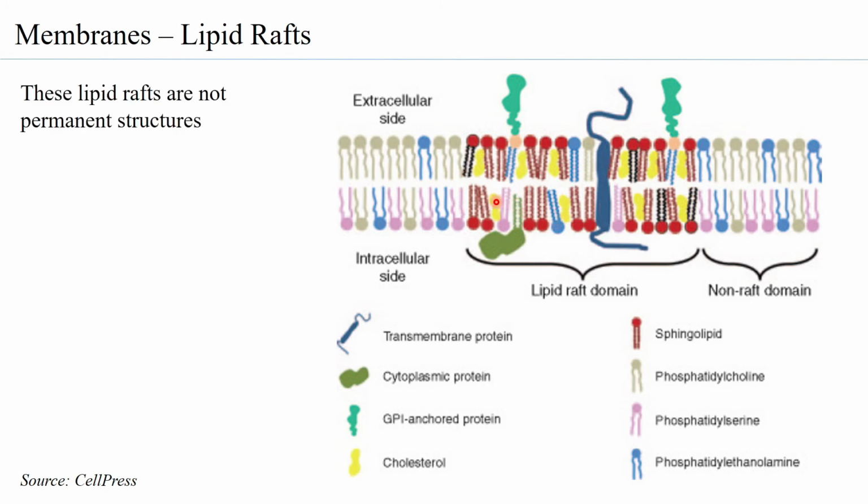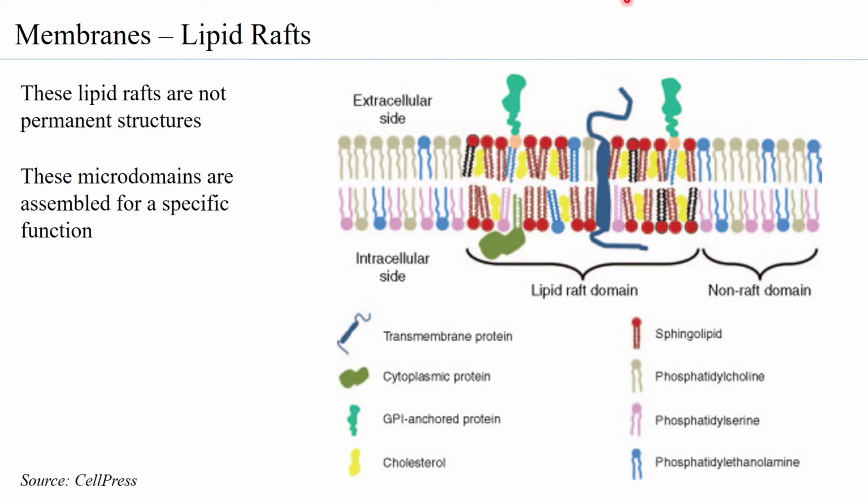These lipid rafts are definitely not permanent structures. They're only assembled or formed for a particular action, and once that particular activity is carried out, they can disassemble again. Therefore, it is difficult to study lipid rafts because they are only present for a transient time, only for some specific moments, and then they disassemble again.